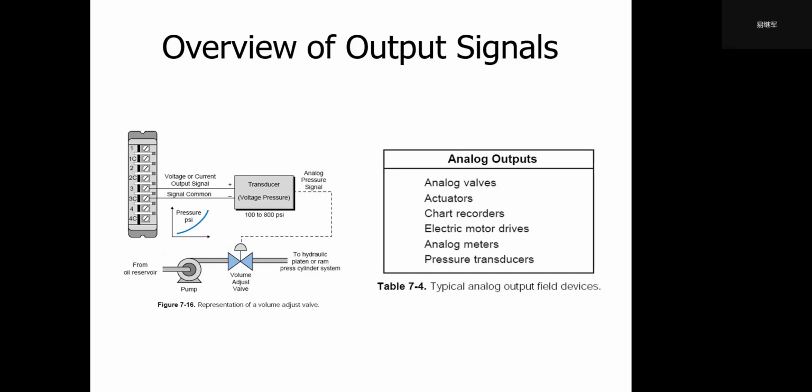Now the analog output signals, which include analog valves, actuators, chart recorders, electrical motor drives, analog meters, and pressure transducers.